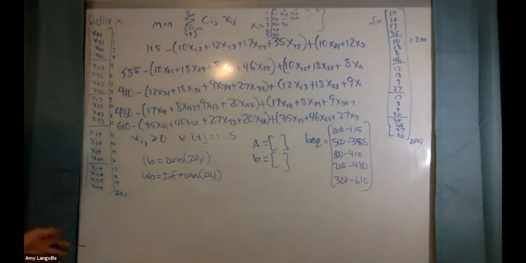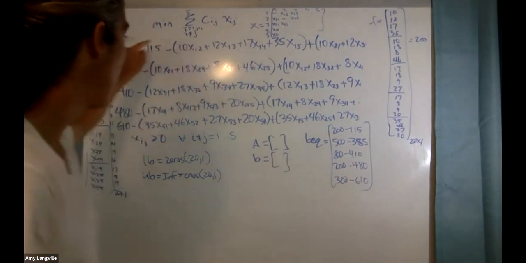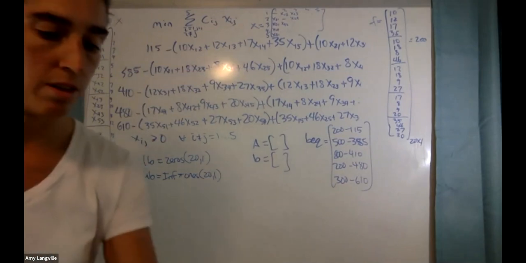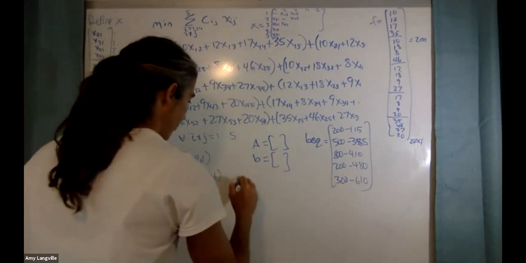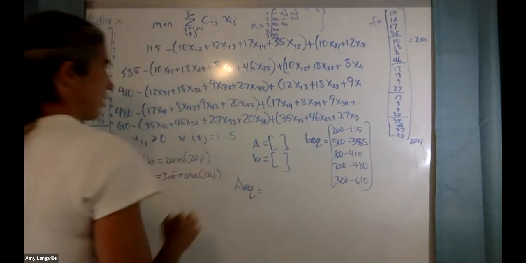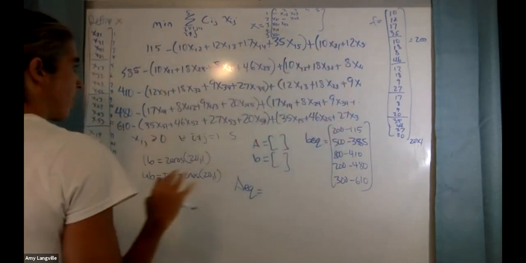Now, the hardest part is the AEQ. There's 5 constraints and 20 variables. So first of all, what are the dimensions of AEQ? Because all those were equalities, the only constraints we have are equality constraints.